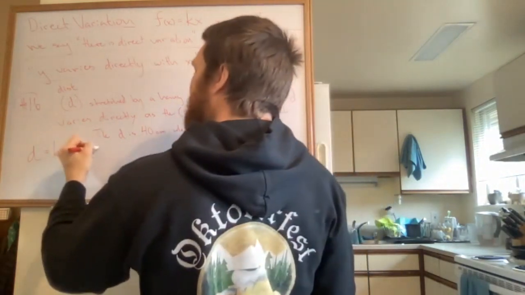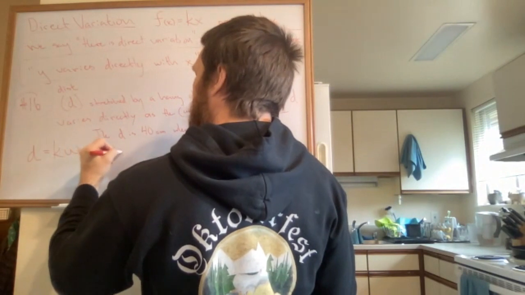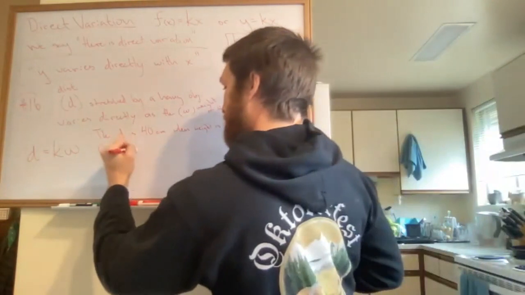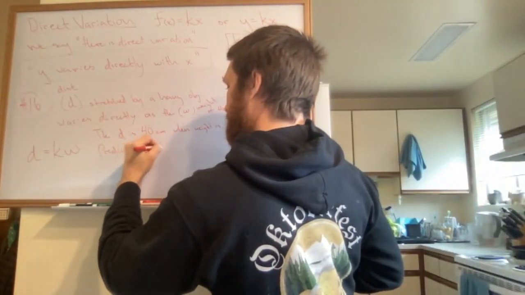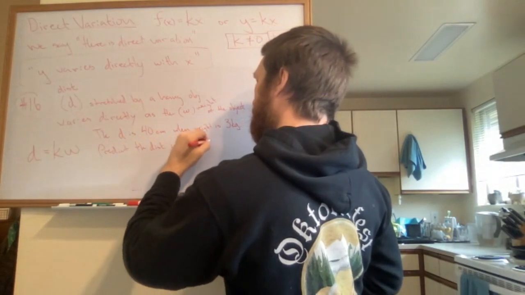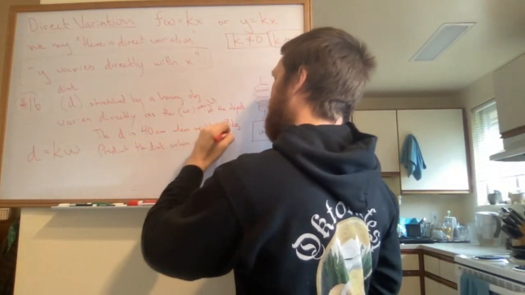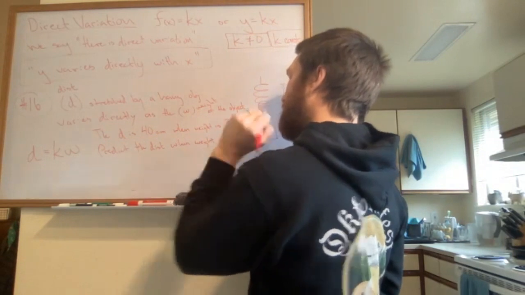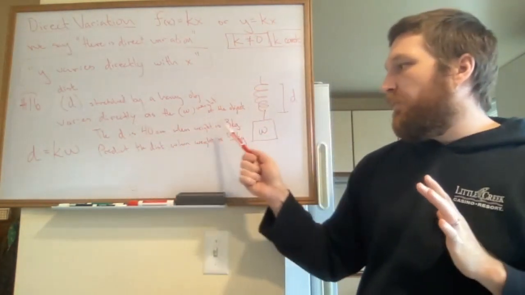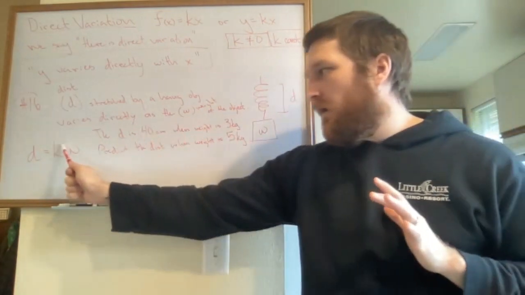It says predict the distance when the weight is 5 kilograms. So they've given us an ordered pair, and we have one unknown.